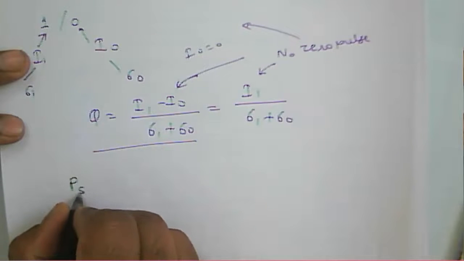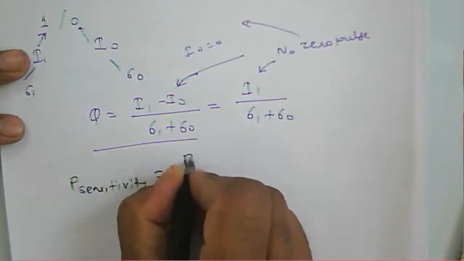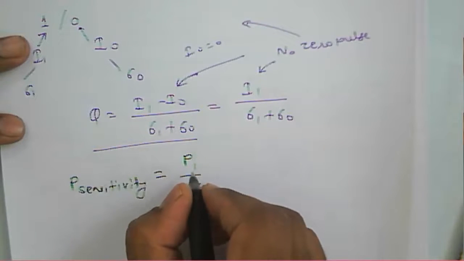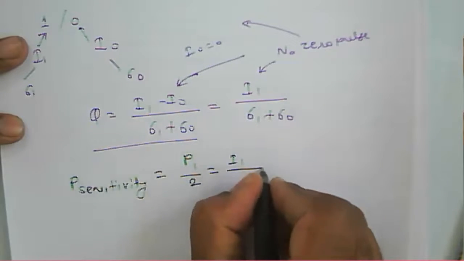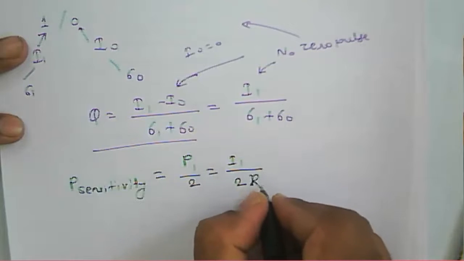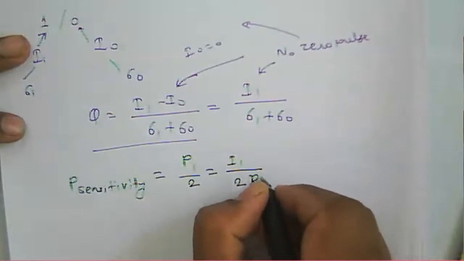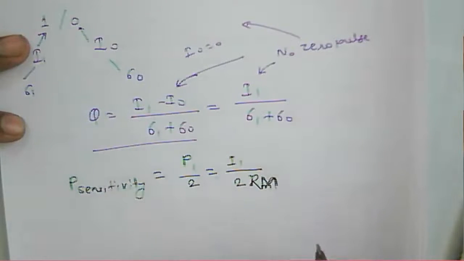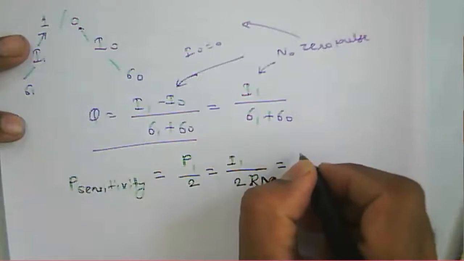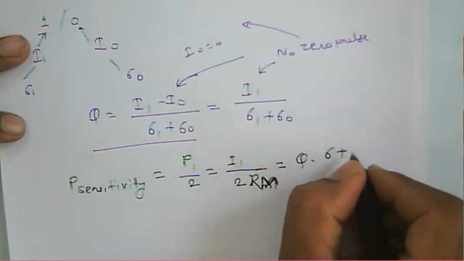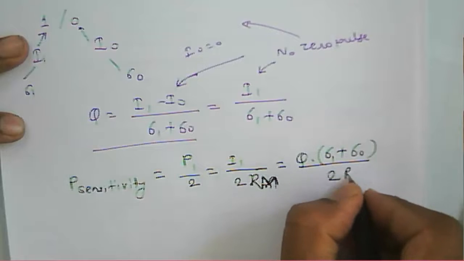with respect to the bit period, is equal to P1 by 2, equal to I1 by twice of RM here, equal to Q (sigma 1 plus sigma 0), that is the variance, divided by twice of RM.